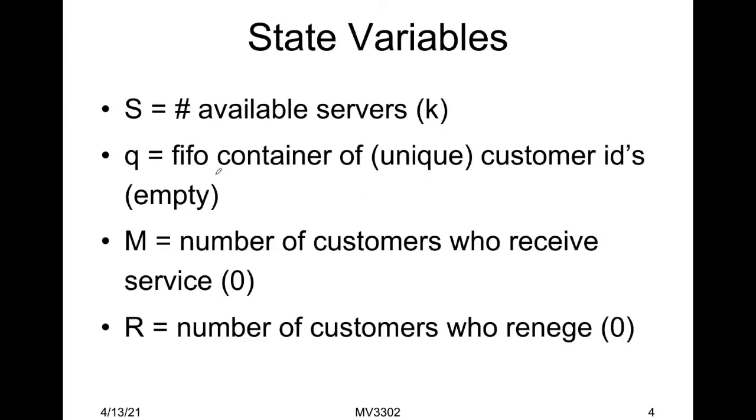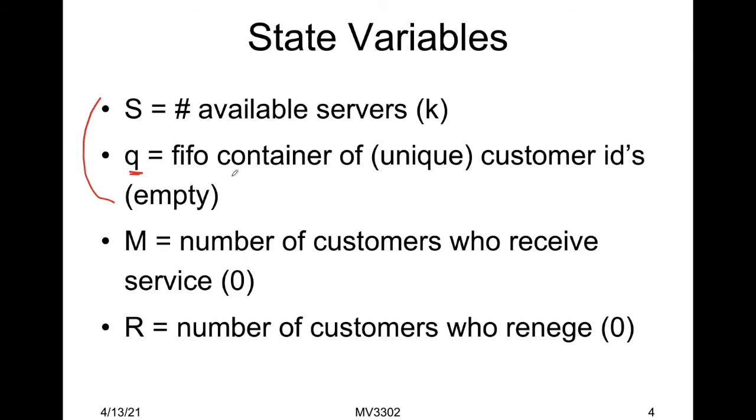Okay, so now what might we be interested in? Well, the first two state variables have to do with the tallying of customer times. So this kind of builds a little bit on the model that we did yesterday. So we have the number of available servers, and then we have now something similar. Now this is a little bit different.